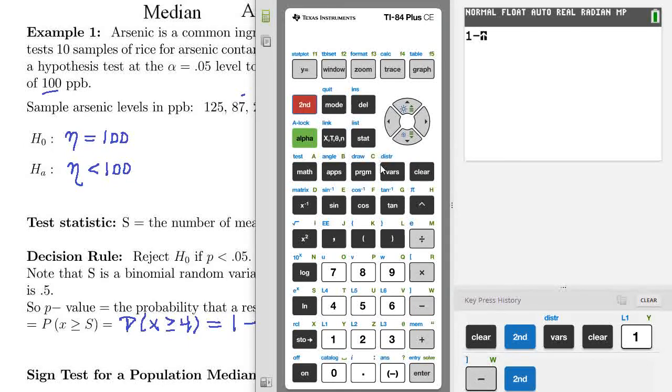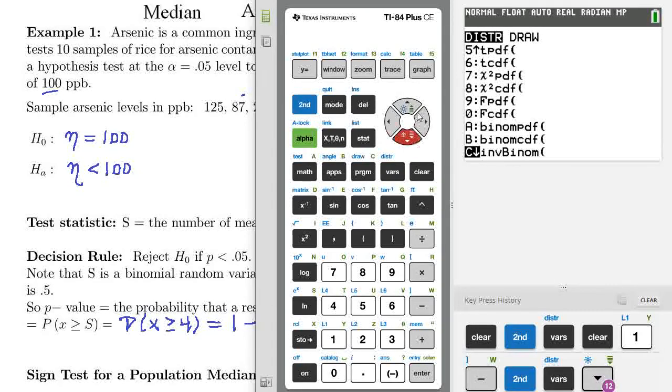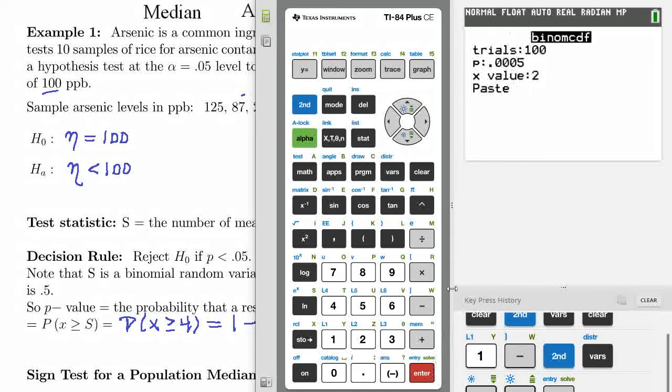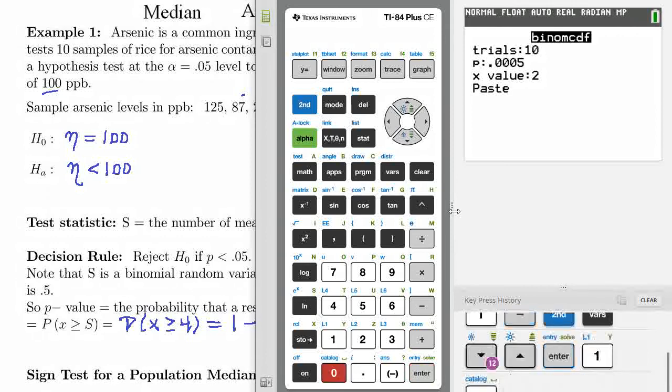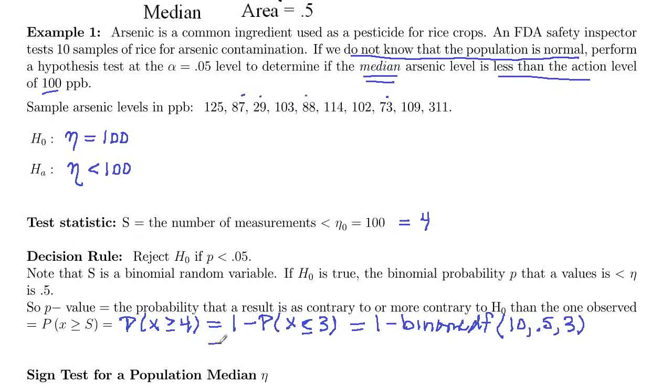Now we'll go to second variables. Come down to binomcdf, which is option B. Trials are 10, p is 0.5 and x is 3. Paste it. 0.8281.